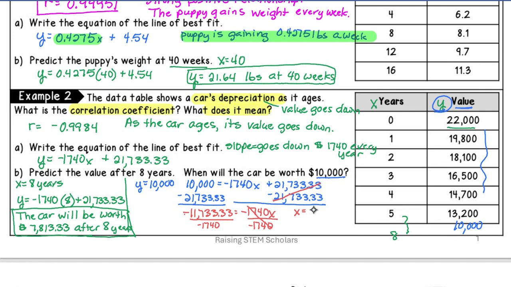Okay, so at 6.7 years, the car will be worth, and I'm just going to write 10K. So at 6.7 years, it's going to be worth 10K. That's what our data is modeling.